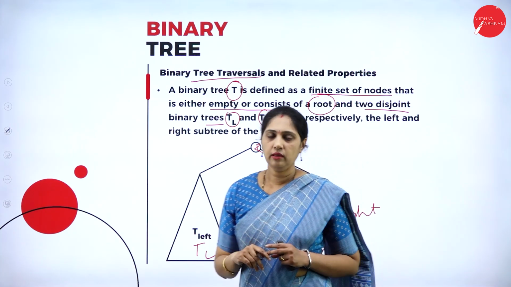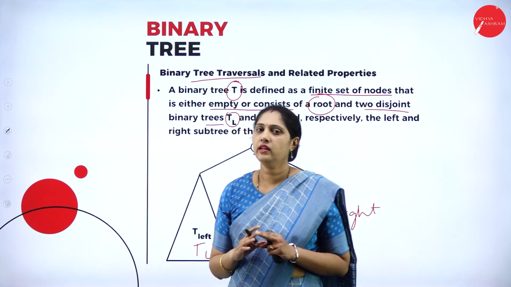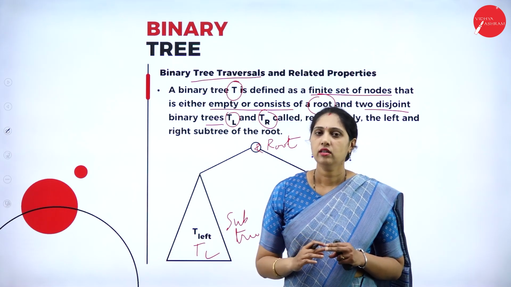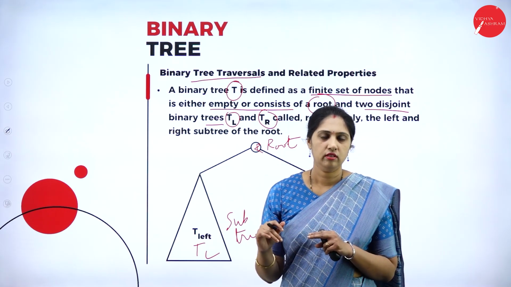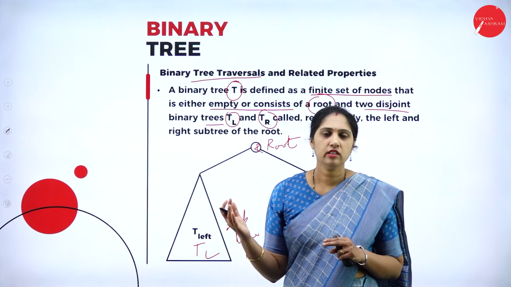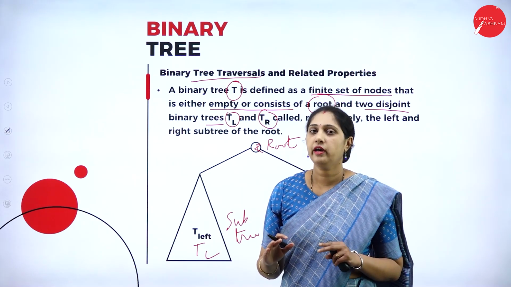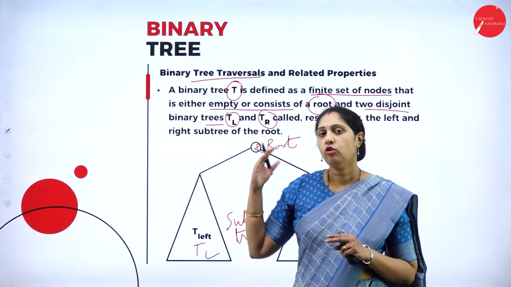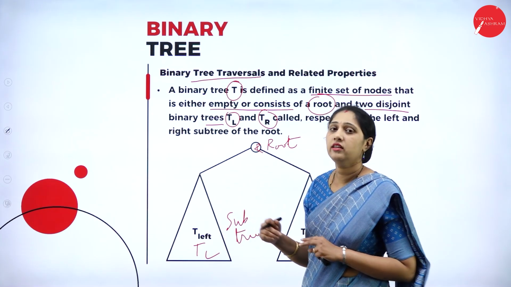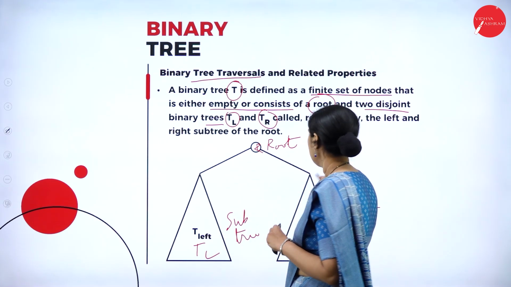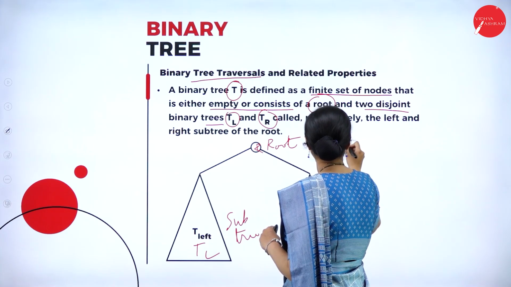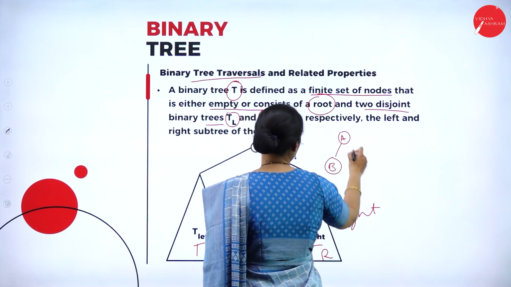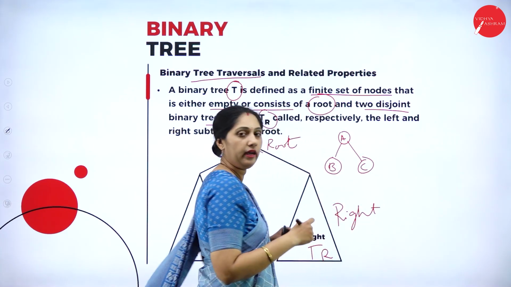One thing we have to keep in mind: a binary tree can have no subtrees, or at most 2 children. If it has more than 2 children, then it cannot be called binary. We always say binary: 0, 1, or 2. If it is more than 2 children, then it is called a tree. Say if I take A, B, C, this can be a binary tree.